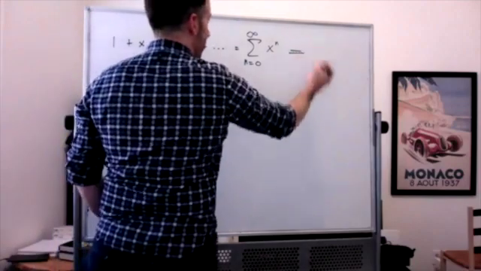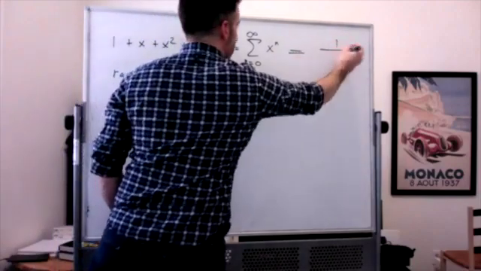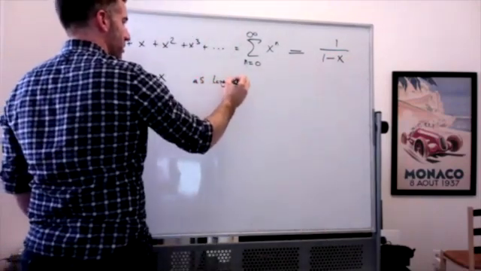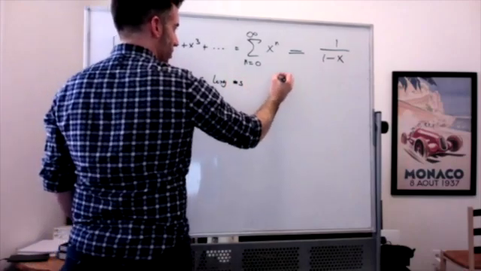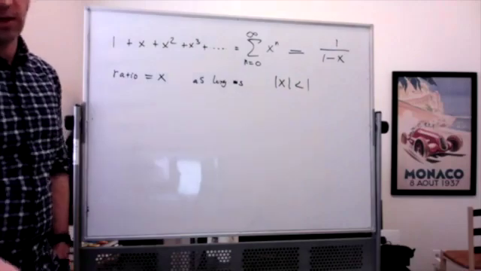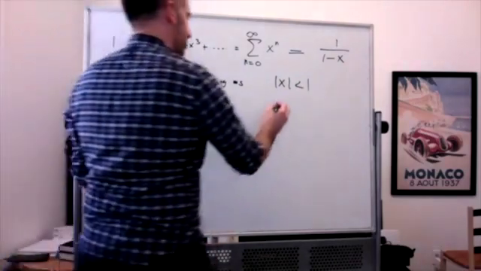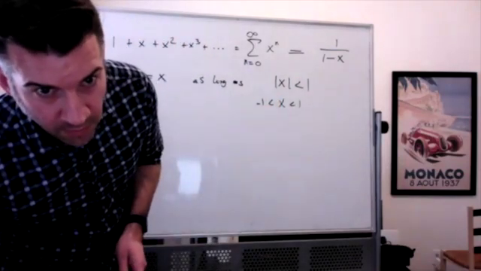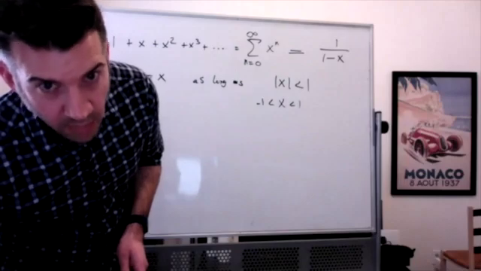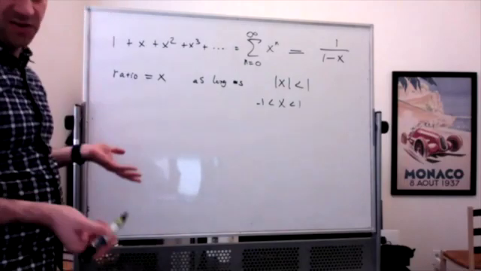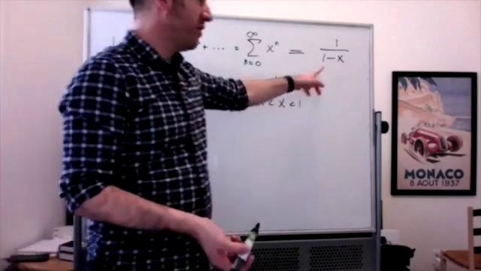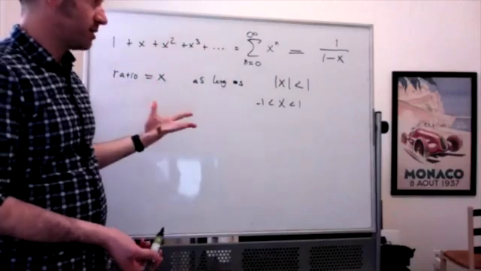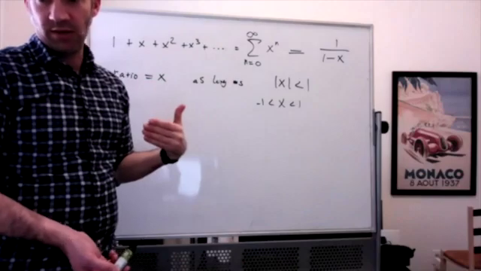This is going to converge to the first term over 1 minus the ratio as long as our ratio is between 1 and -1, or as long as the absolute value of x is less than 1. So what we're actually saying here is that this function can be expressed as this infinite series as long as x is between -1 and 1.